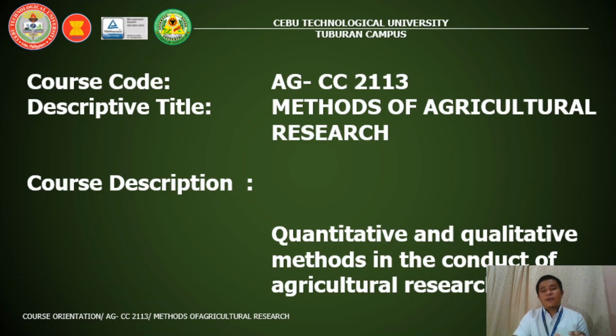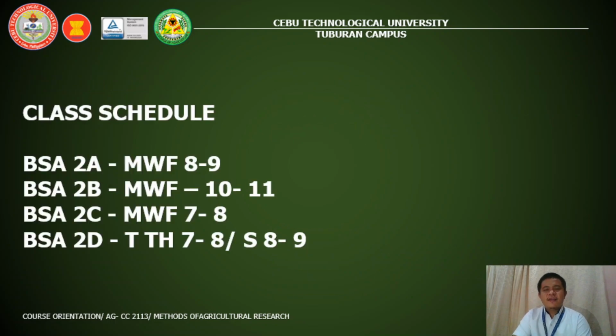So qualitative researches basically are those that conduct surveys and other researches that involve social methods. We will learn more about that during our next sessions. So for now, let's get going.